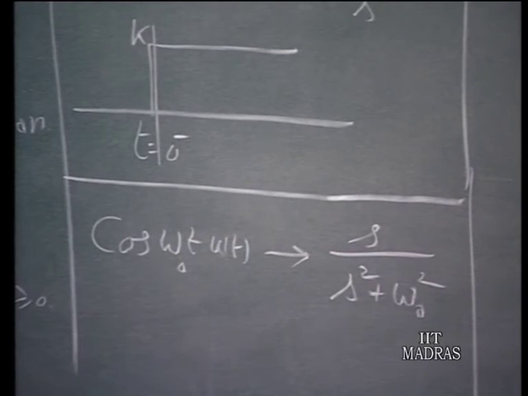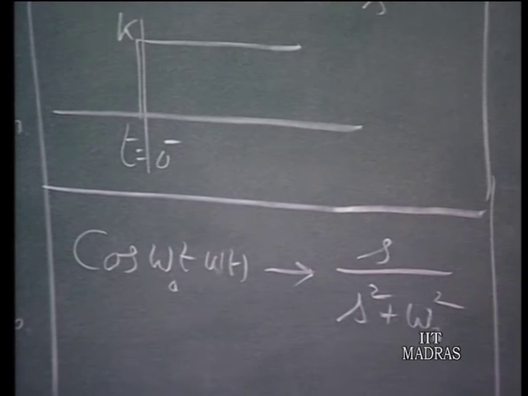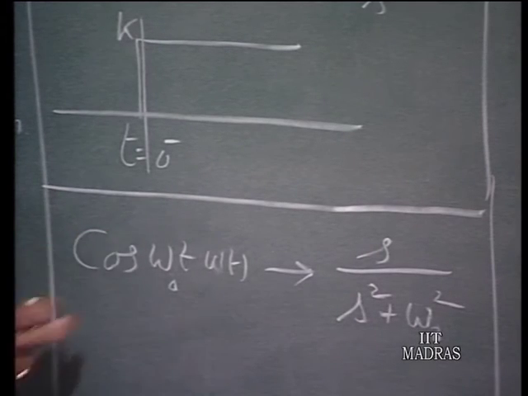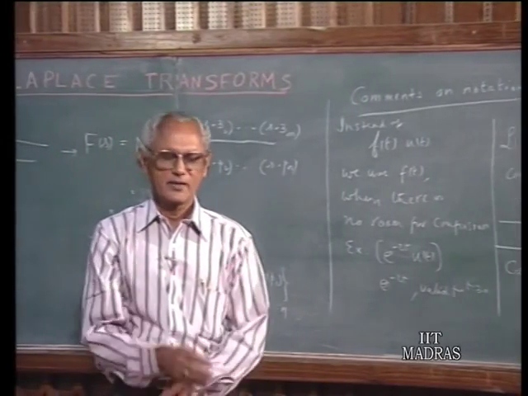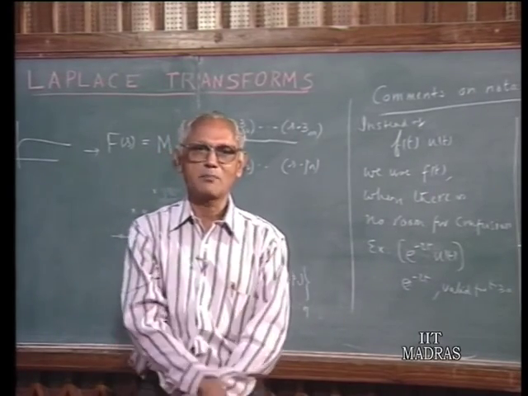Now s is equal to sigma plus j omega. The imaginary part of s is also given the symbol omega, it is a running variable. To distinguish that running variable omega from this omega, we have given a special symbol omega naught. But in our manipulation we very rarely decompose s as sigma plus j omega and look at the imaginary part of s.